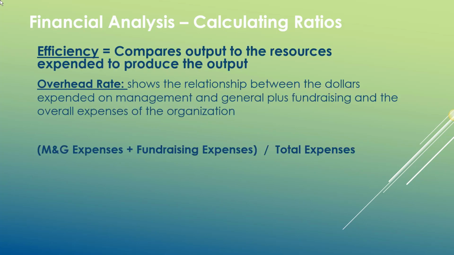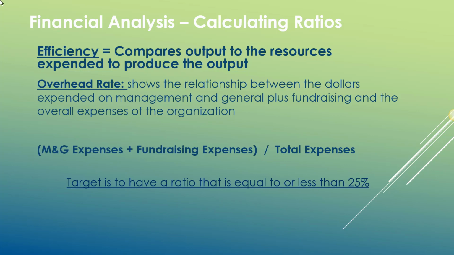The next efficiency ratio looks at management and general expenses and fundraising expenses divided by total expenses, which is the more common ratio to look at. It also can be called your overhead rate. And here, the goal is for the combination of those expenses to be less than 25%.